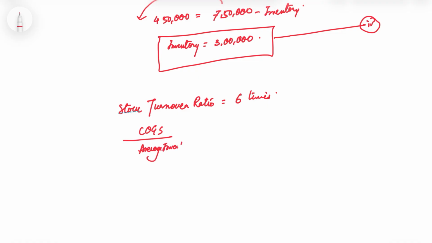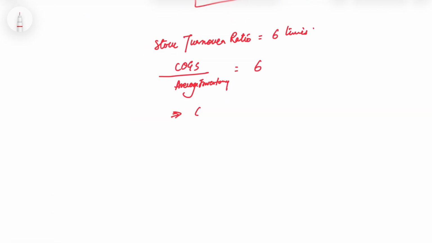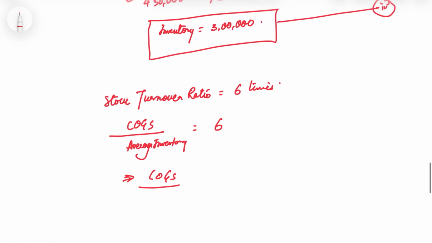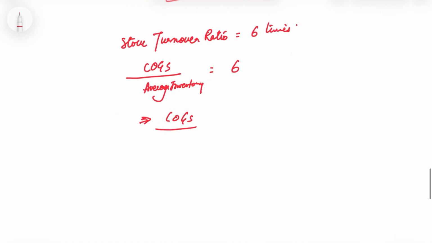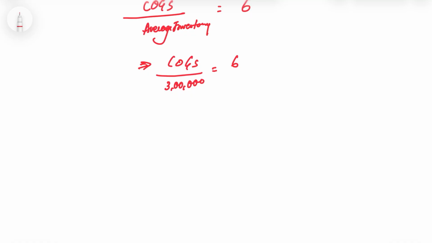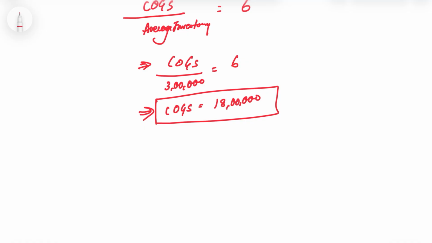Here the closing inventory is taken as the average inventory, which is 3 lakh. So 6 into 3 is 18, so cost of goods sold is 18 lakh.